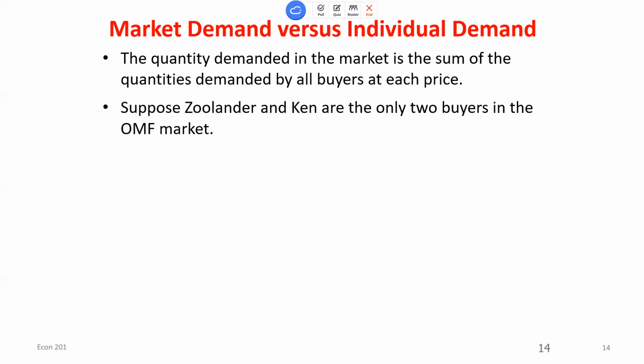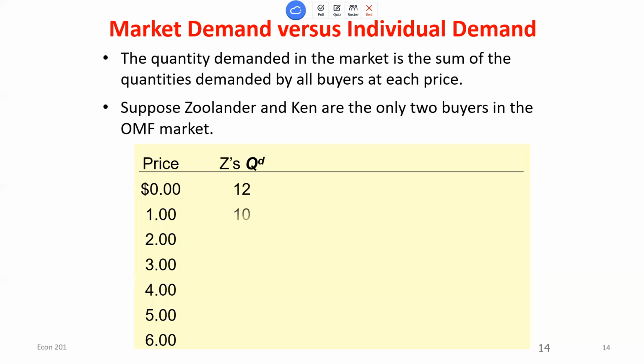I think it shows Ken here. I can't remember if he was the one that died in the tragic gasoline fight or not, but we'll use him as the example, right? So we have the old demand curve for Zoolander, all these different prices, and the quantities that we decide to purchase at each one of these prices. We've got Ken's demand. Maybe as the price declines, his demand doesn't fall quite as quickly, right?